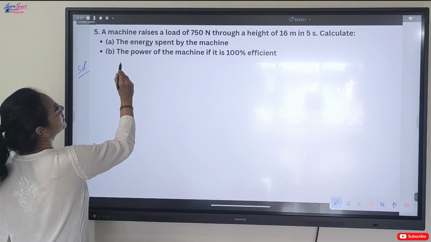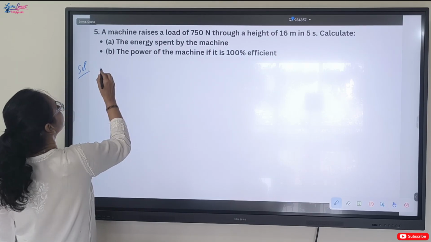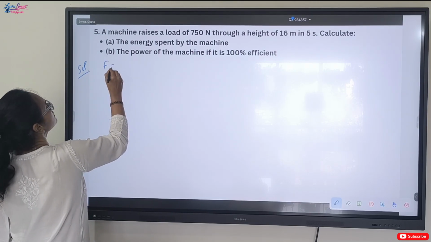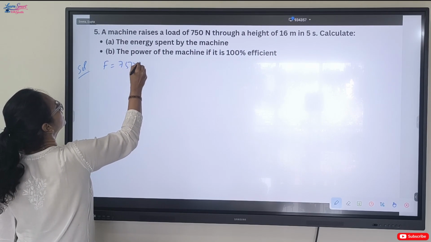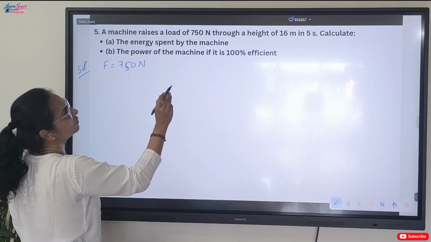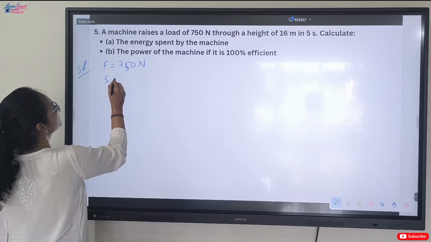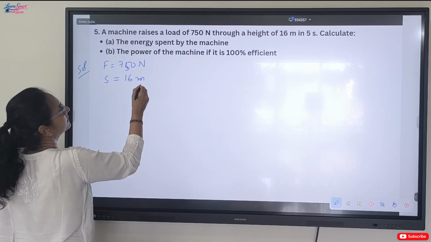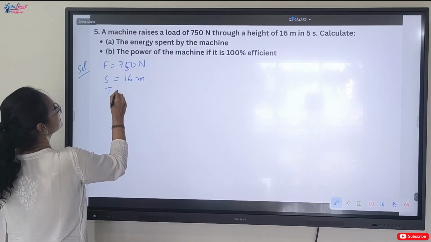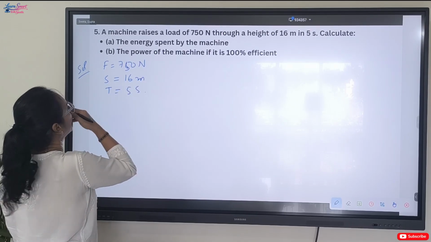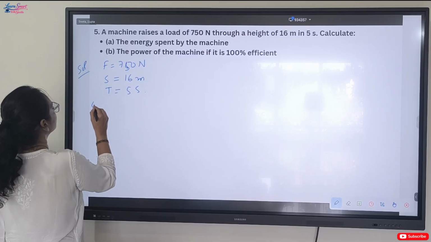Look at this question. A machine raises a load of 750 Newton. So force is equal to 750 Newton through a height of 16 meter, which is displacement, 16 meter. Time is 5 seconds. Calculate the energy spent.